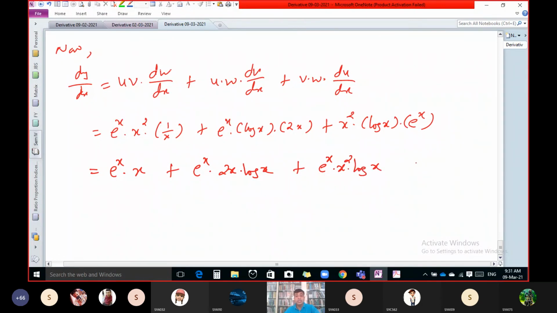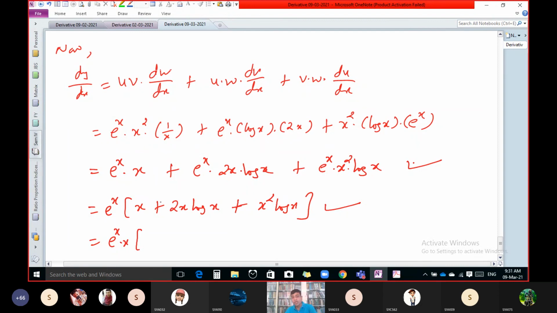You can keep this as your final answer, or you can take e raised to x common. So what we get? x plus 2x log x plus x square log x. So either you can write this as the answer or this one, or one more step. You can take x common from each term.